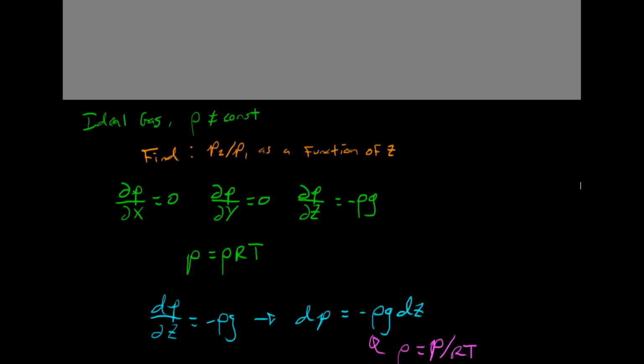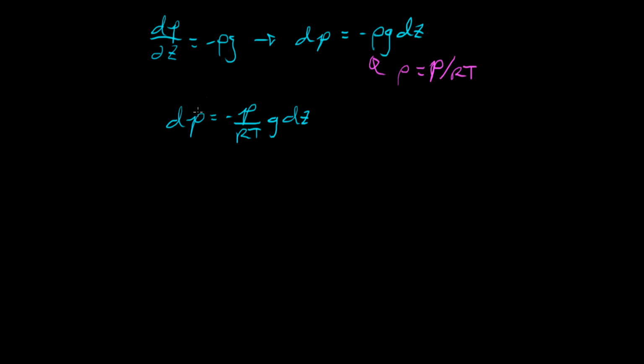This is a differential equation now that we need to solve. Thankfully, it's separable. And so get all the p's on one side, everything else on the other, and integrate. So we're going to write this as dp over p on that side, and on the right-hand side we'll be left with minus g over RT dz. And now it's time to integrate.